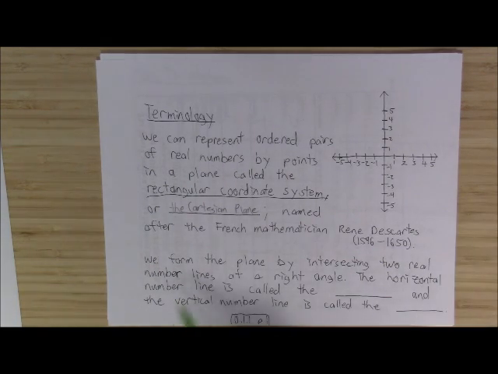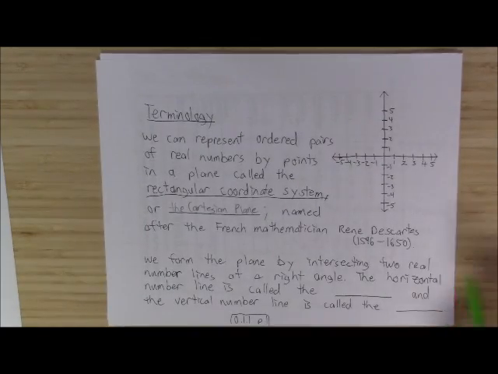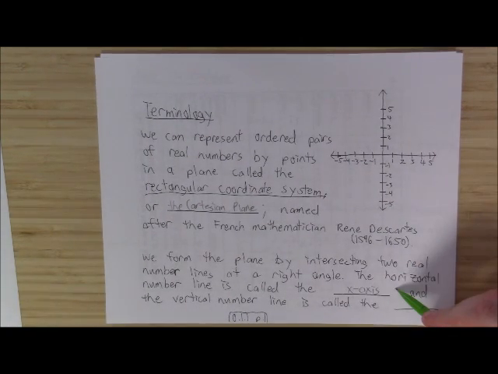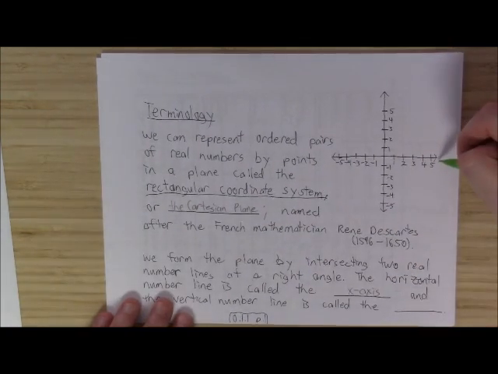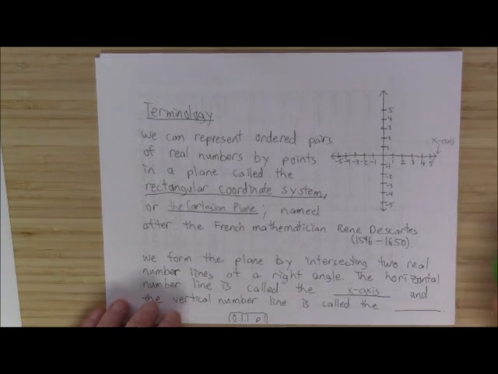First off, though, we form the plane by intersecting two real number lines at a right angle, like so. And the horizontal number line here is called the x-axis. That would be the x-axis.